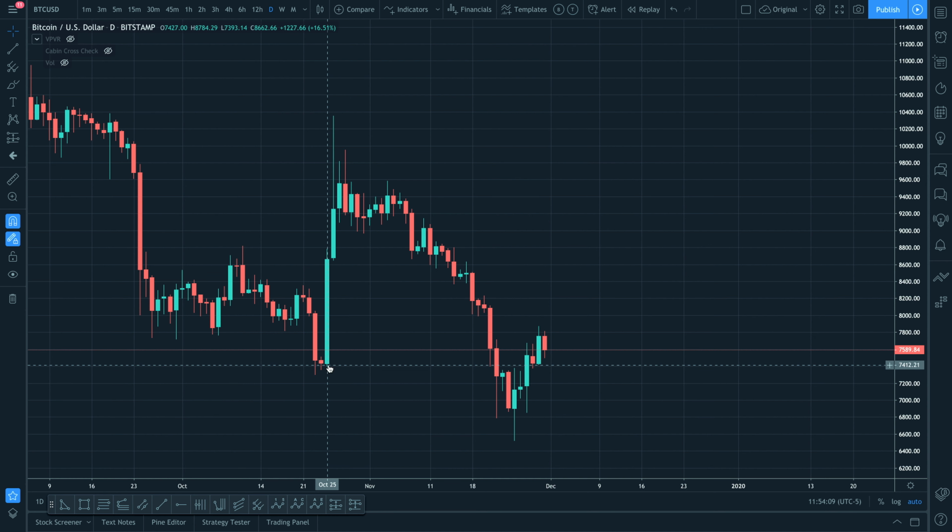Pretty much that's how you read candlesticks. I'll talk more about the psychology of it later on, but that's a brief introduction on how to read candlesticks.